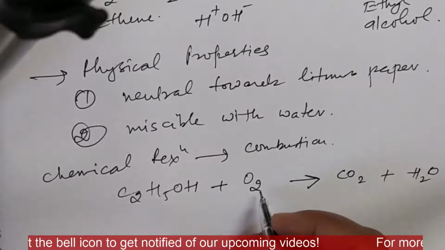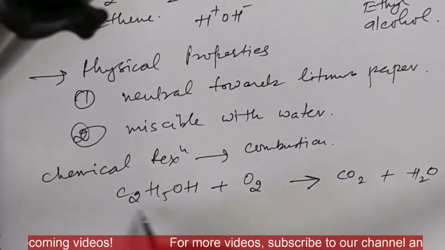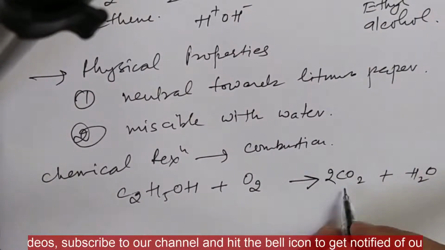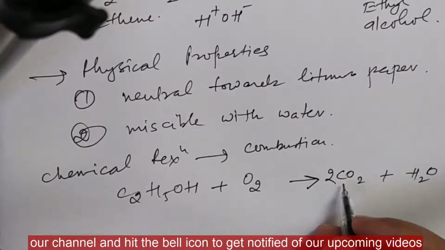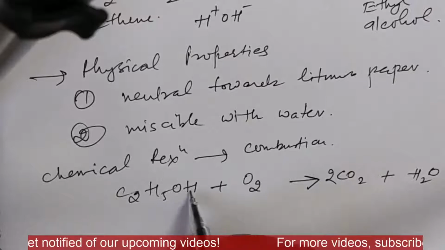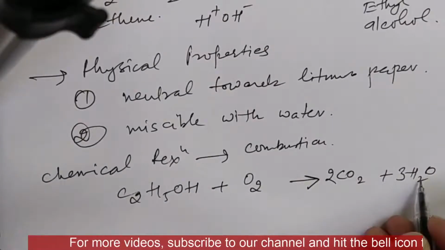Balance the equation, students, please balance the equation. Here two carbon atoms are there on the left side, so balance it by multiplying with 2 on the right hand side. See here, the total number of hydrogen atoms on the left hand side is 6, so balance the hydrogen atoms on the right hand side by multiplying with 3.